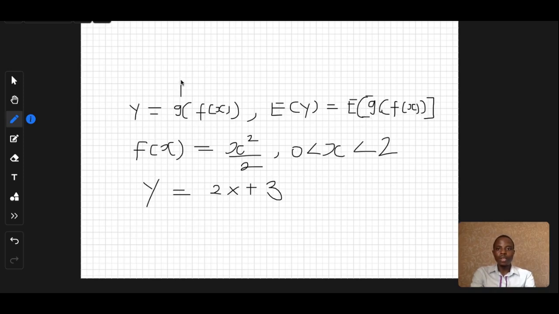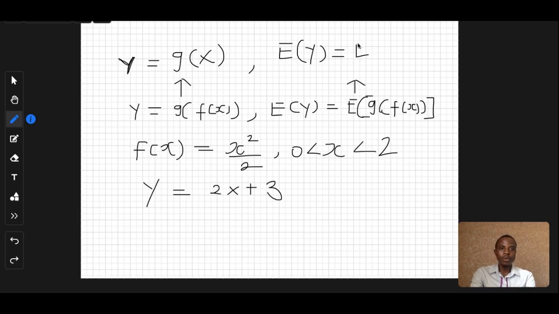Now, we could express this as Y equals g, and please, this is capital Y, take note of that, of X. In place of f of x, we may just put capital X, and we could express this as the expected value of Y is the expected value of the function that is the function of X now.